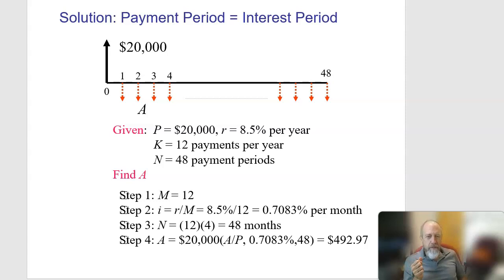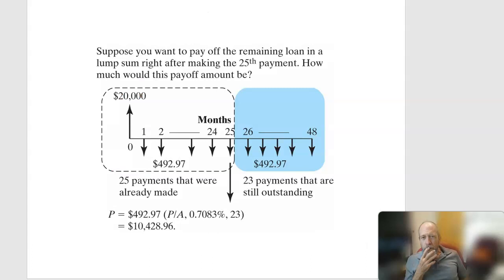You know what that interest rate is on a monthly basis, 48 months. You apply it in and you get a monthly payment of $492.97.